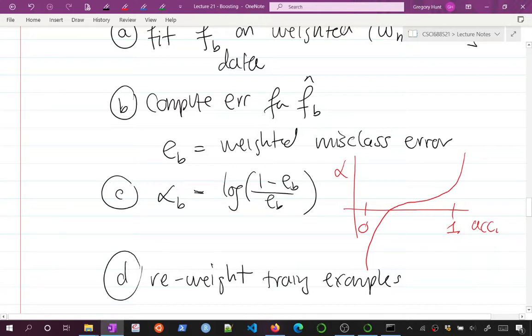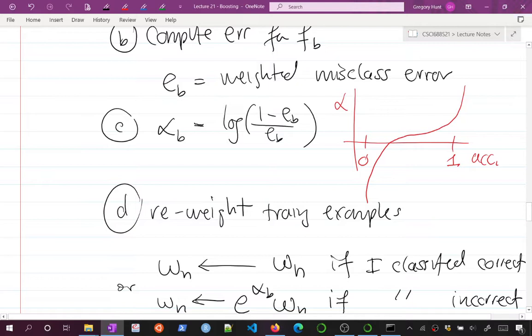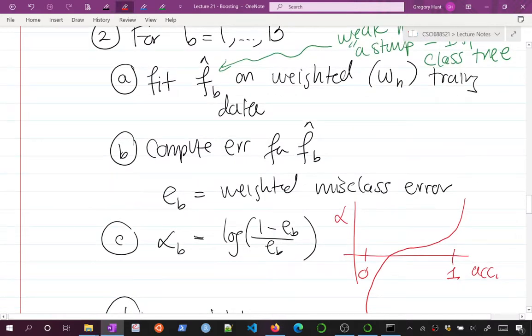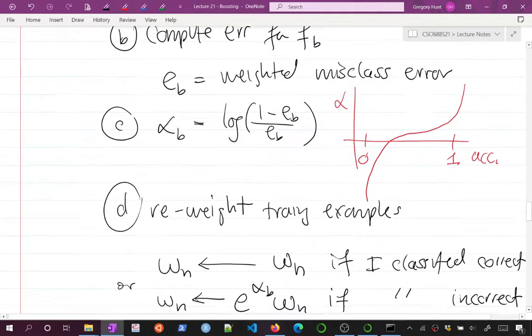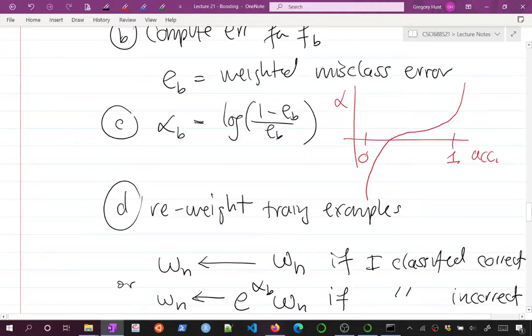Well, instead of upweighting training examples I get wrong, at each step I'm going to fit my model to the residuals of the previous model. That's a similar kind of thing, forcing it to focus on the places where it did badly. If you have a big residual, our next model is going to focus on the place where those residuals were large.